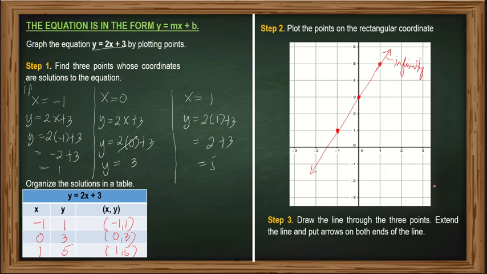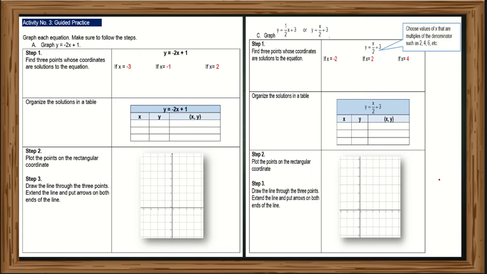So for your practice, kindly open your book on page 15. Answer items A and C. You are guided here. Then for item C, choose values of x that are multiples of the denominator, such as 2, 4, and 6, etc., so that you'll not find difficulty in performing division, or will not be dealing with a fractional x-coordinate and an ordered pair which contains a fraction, because it's quite difficult to plot it.